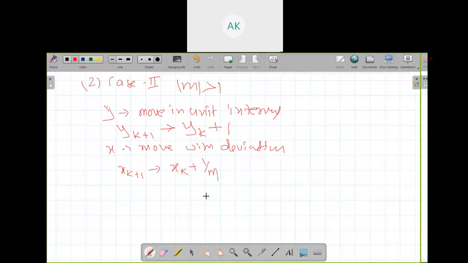We have calculated this in the last class. If it's not clear, you can ask. Is it clear why I am writing xk plus 1 will be xk plus 1/m? If it's not clear, any of you can speak. Is it clear to all of you?